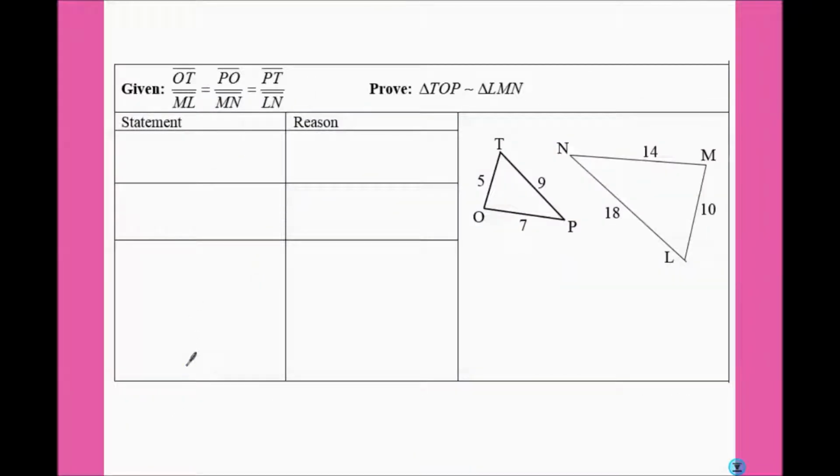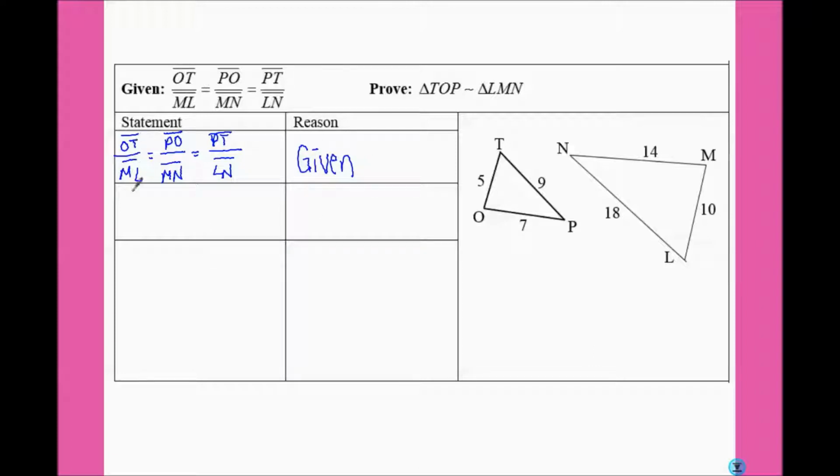So our first proof, given this ratio, or this proportion, we want to prove that these two triangles are similar. So remember, we always start with our given statements. And our reason being that they were given.